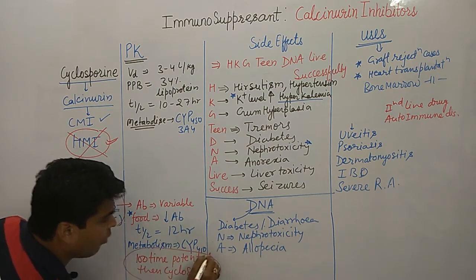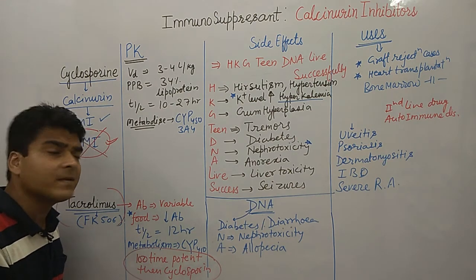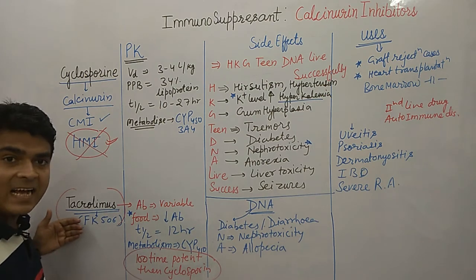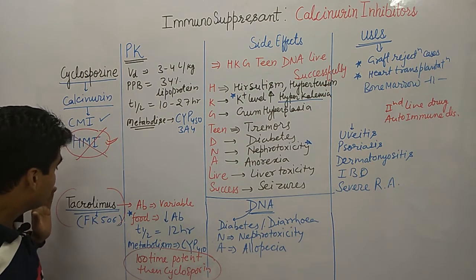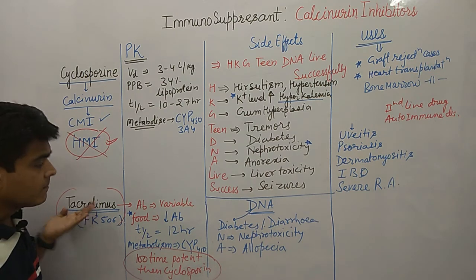This is an important point, and a question may be asked in competitive examinations: which drug is more potent, cyclosporin or tacrolimus? So you must remember that tacrolimus is more potent. Clear?